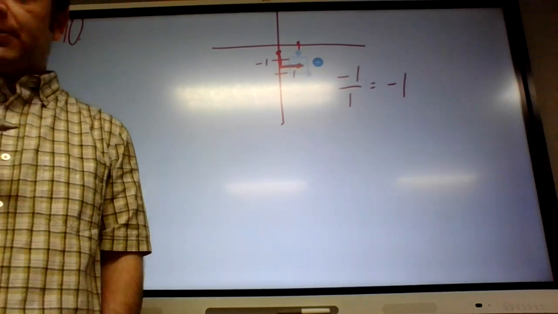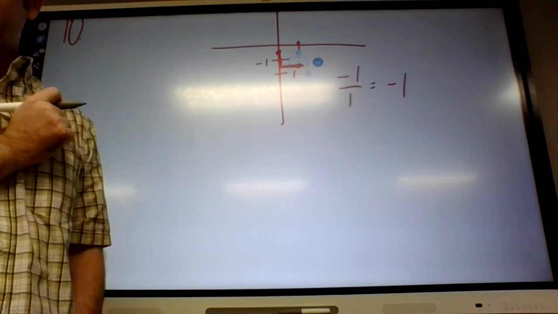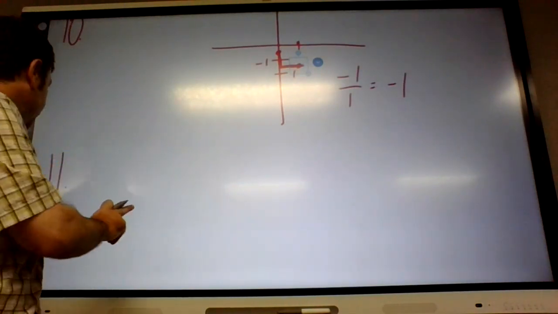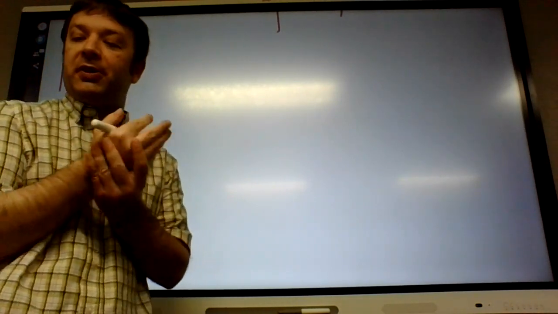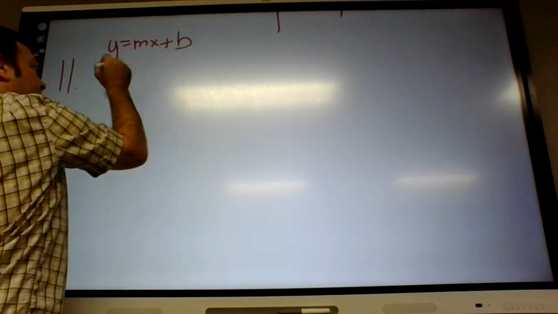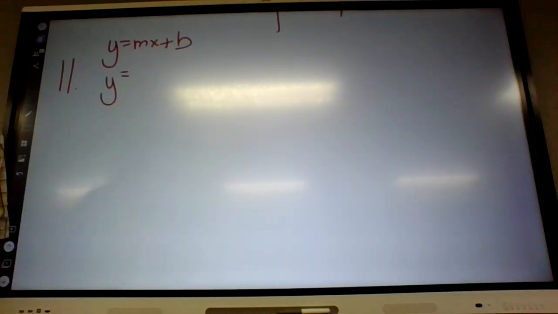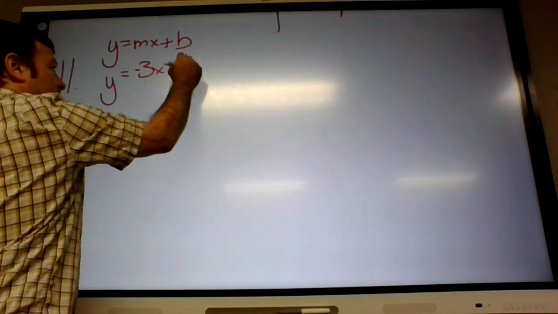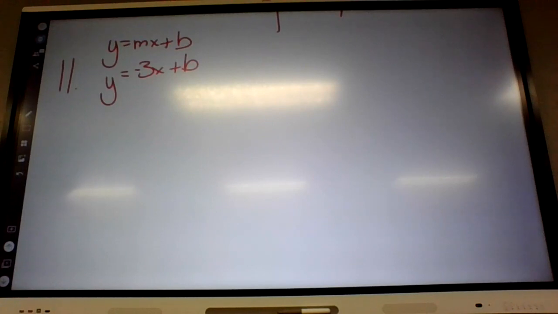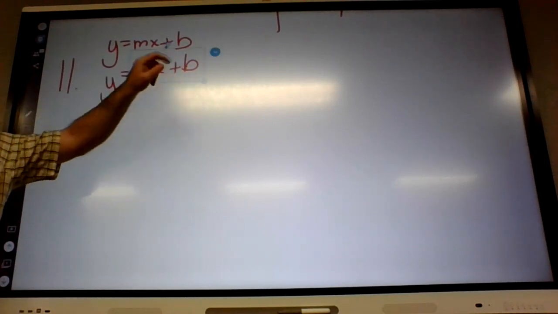Okay, number 11. This is where we gotta kind of start using our brains a little bit. You guys thought you already were. Well, okay. Number 11, we're supposed to write the equation. It doesn't tell us the y-intercept. It only tells us the slope. So we're going to be y equals mx plus b. They tell us the slope on number 11 is -3. Okay, but I don't know the y-intercept yet. How am I supposed to find the y-intercept?